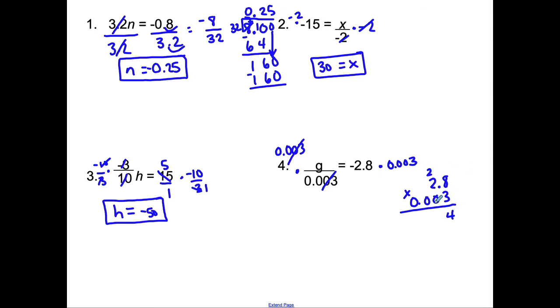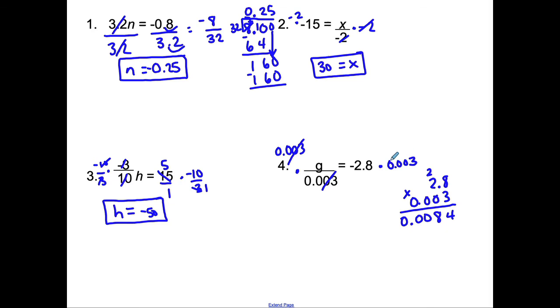3 times 2 is 6, plus 2 is 8. Now I have to count up my decimals. Here my 0 decimals do make a difference. 1, 2, 3, 4 decimals. I've got 1, 2, I need to add 3, 4, and then my decimal point.